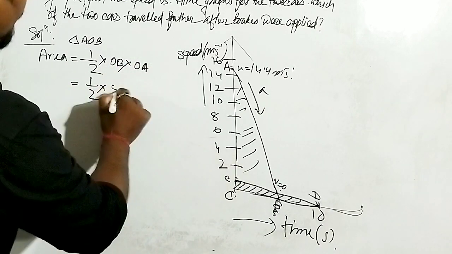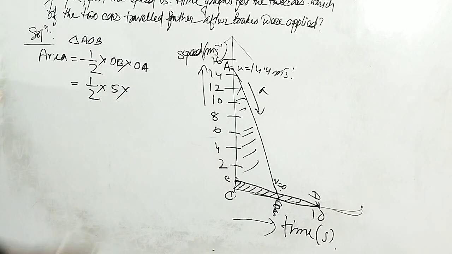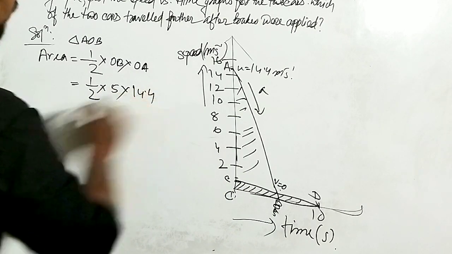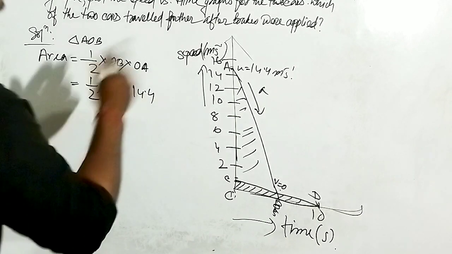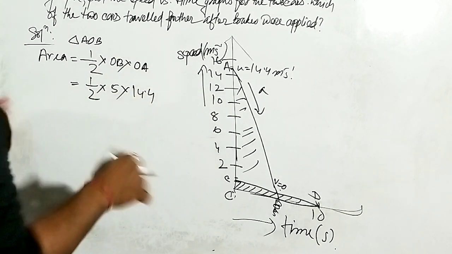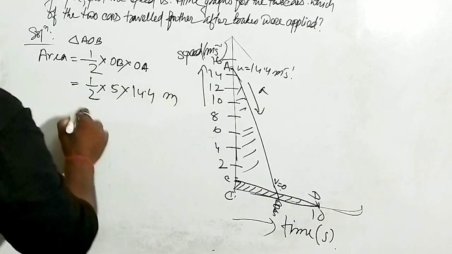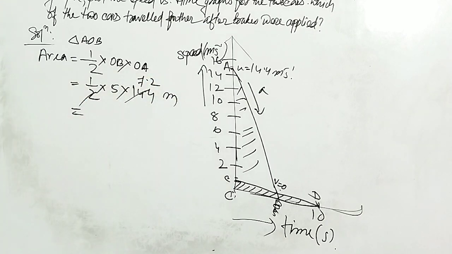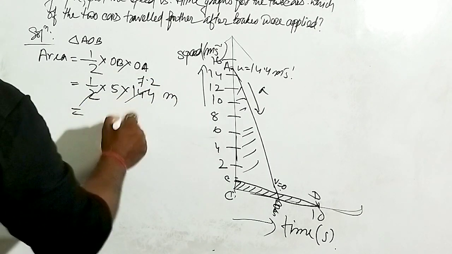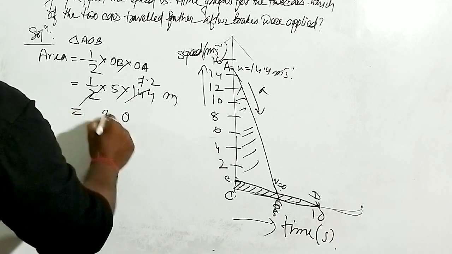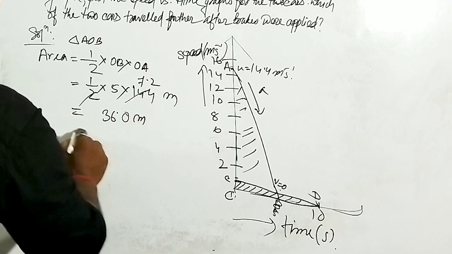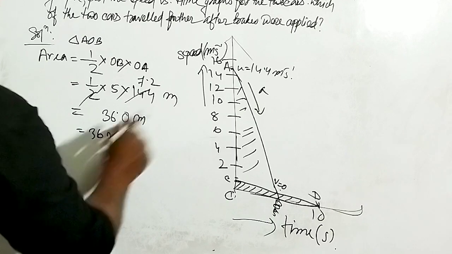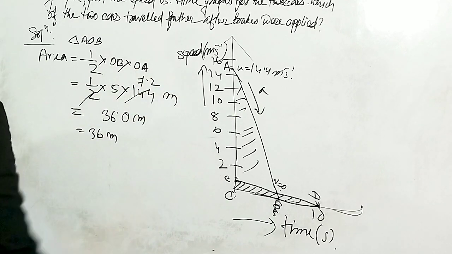OB has the value of 5 and OA has the value 14.4 meter per second. So second will be cancelled out and there will be only meter. Now just solve it. 7.2, and just multiply it. It will be almost 36 meter. For the triangle AOB we have got 36 meter.